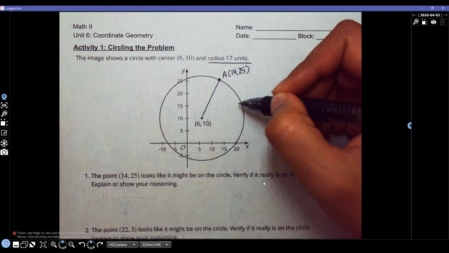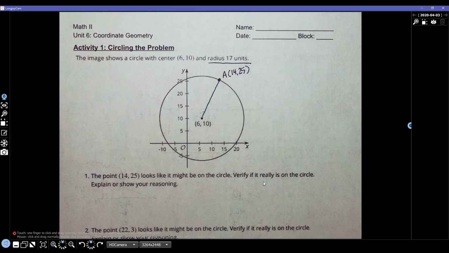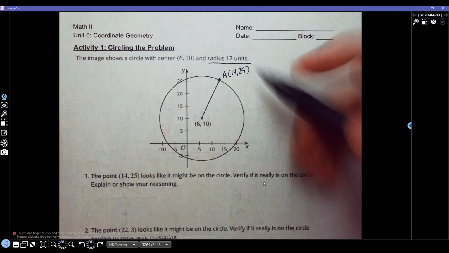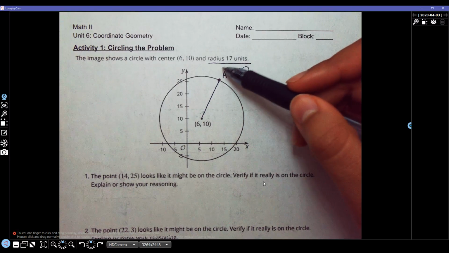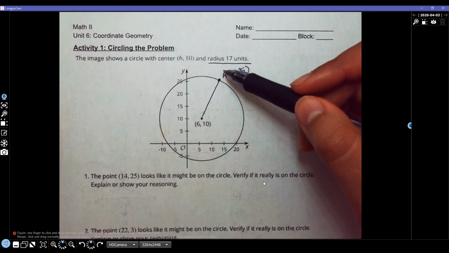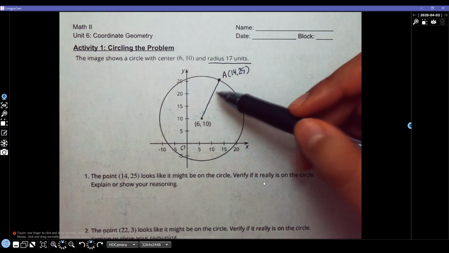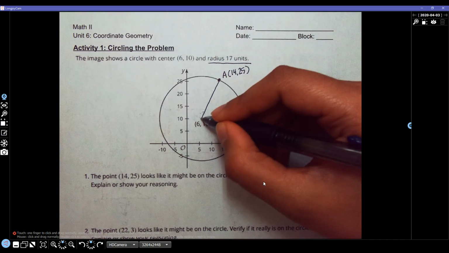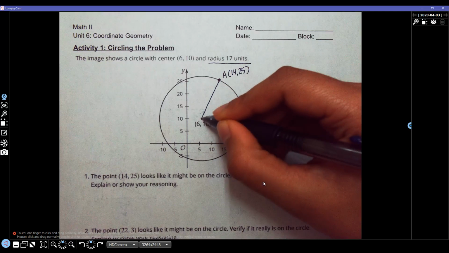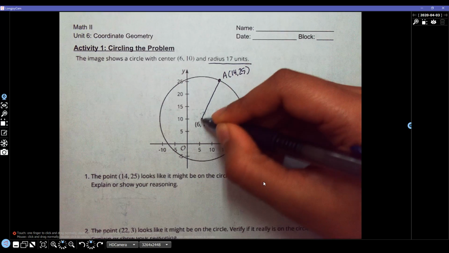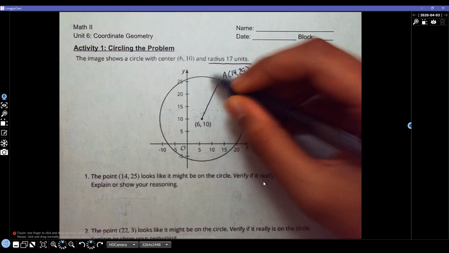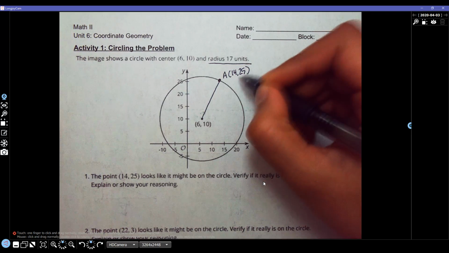And we are given some information about our radius in the question. Earlier, I underlined that the radius was 17 units. So if we can prove that the distance between the center and point A is 17 units, then we can prove that point A is indeed on the circle.